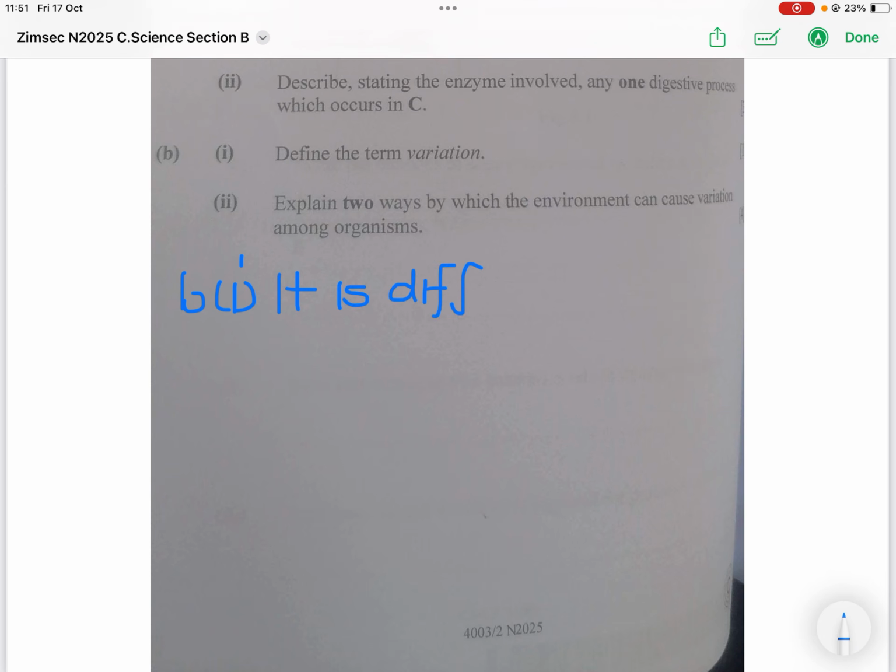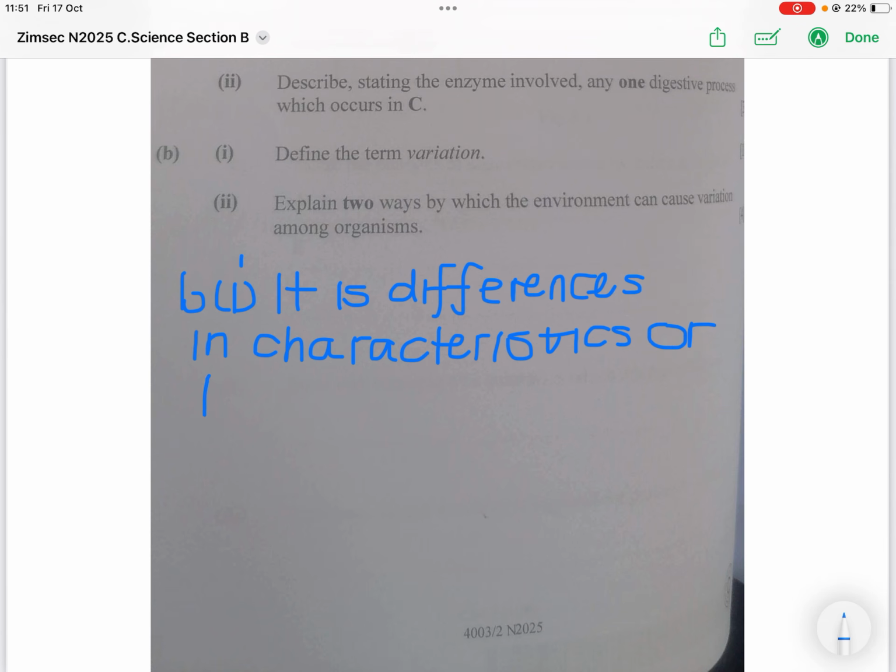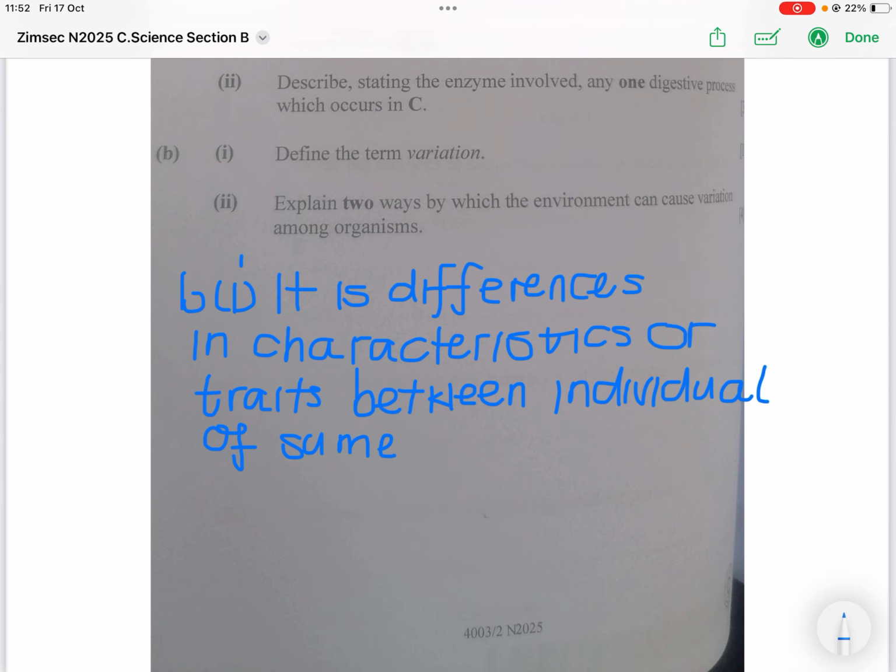We are saying variation is the differences in characteristics or traits between individuals of the same species, right? So this is the definition of variation.